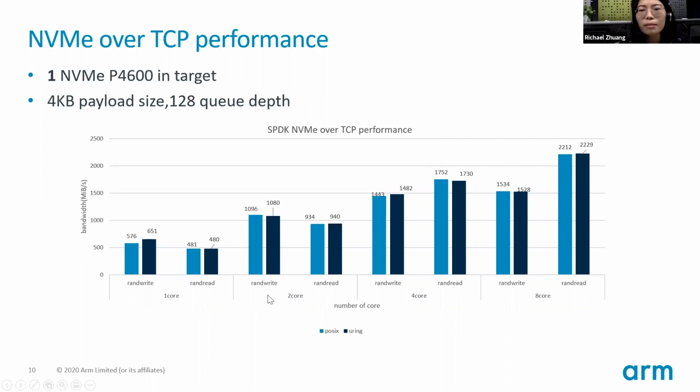Generally, the bandwidth gets better with the number of CPU cores, and at about 8 cores, it can reach the NVMe's full performance. From the comparison, we can see that the performance of uring sockets is not obviously better than POSIX sockets.